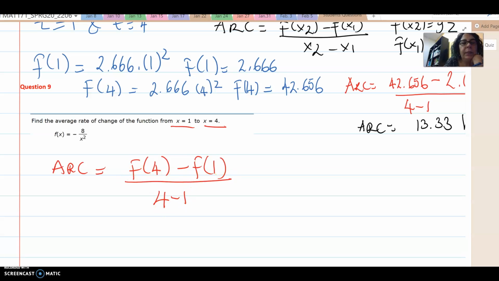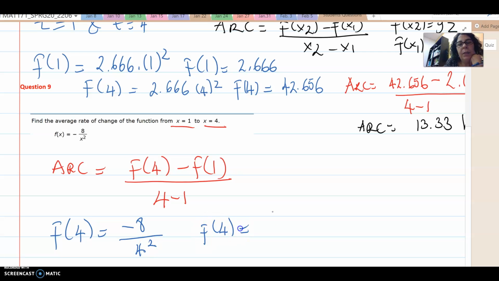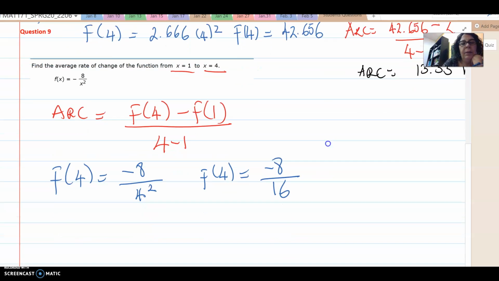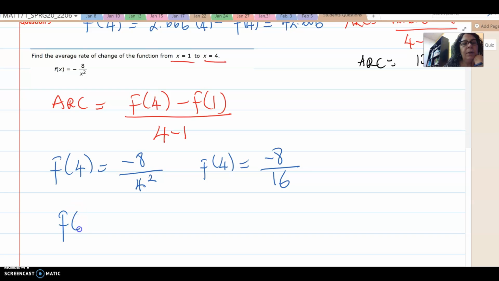So we need to calculate what f of 4 is. It will be negative 8 divided by 4 squared. So f of 4 will be equal to negative 8 over 16. Then f of 1 will be equal to negative 8 over 1 squared, which is negative 8.